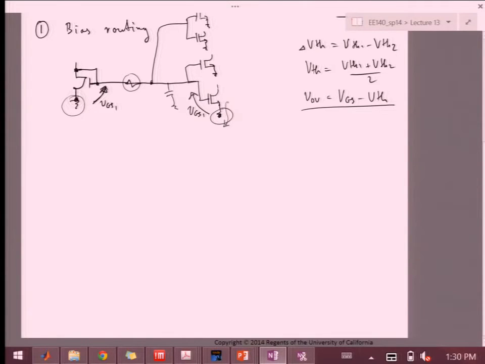But that's not really possible if two grounds are a few millimeters apart. There will be some resistance in the supply network between this potential and this potential, and there will be real ground current, at least some portion of this current, flowing through this RS.